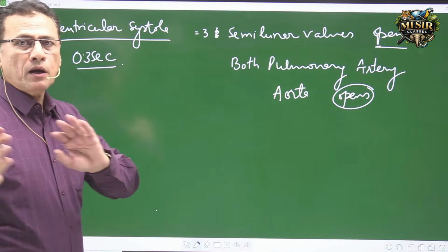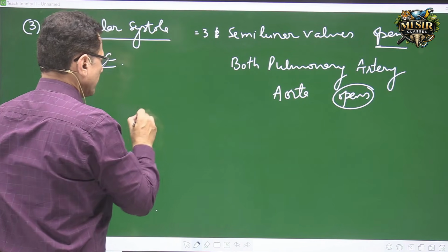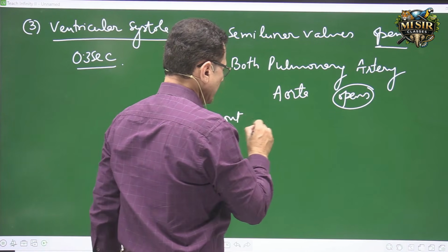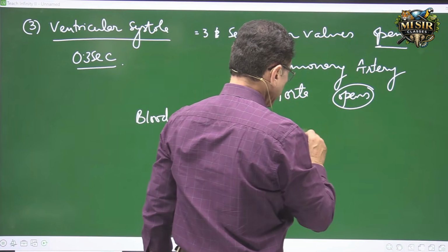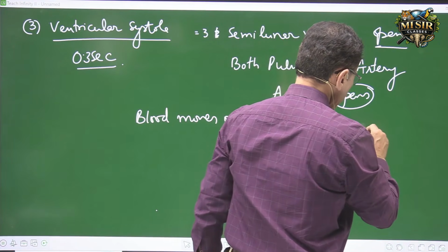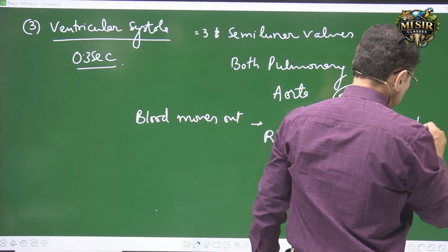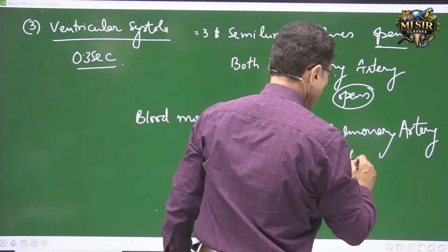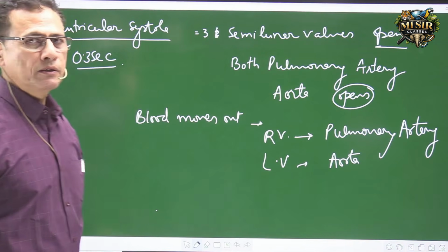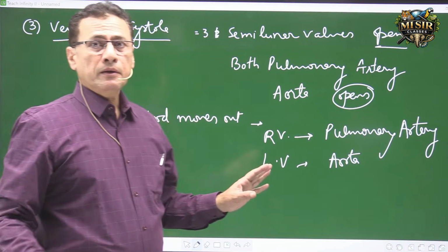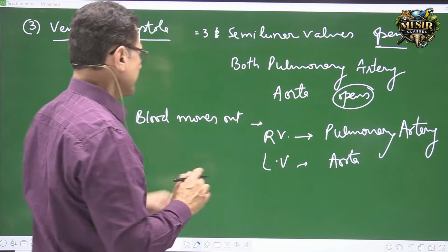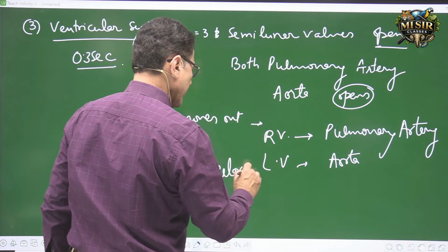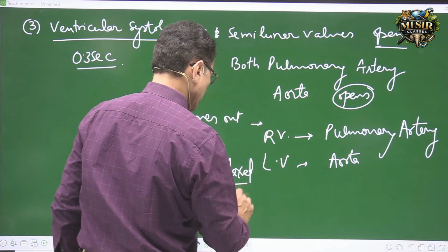The blood moves out. Blood moves out from the right ventricle to the pulmonary artery and left ventricle to the aorta due to opening of these semilunar valves. At this time, the atria are relaxed. Atria are completely relaxed, means they are in diastole.